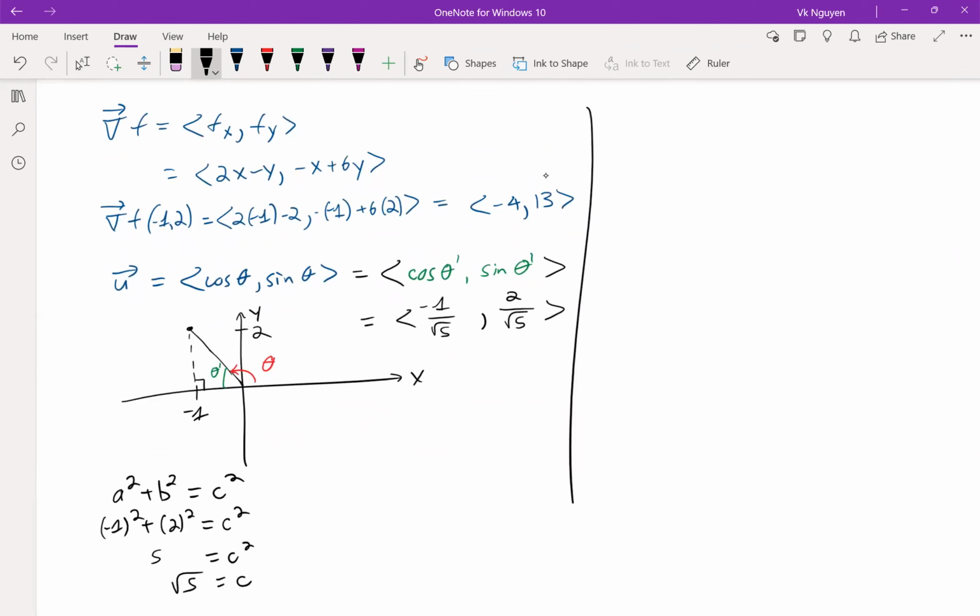Okay, so we have u and we have the gradient vector. I should be able to do this problem now. The directional derivative of f at (-1, 2) is the gradient vector at (-1, 2) dot the unit vector: (-4, 13) dot (-1 over root 5, 2 over root 5).